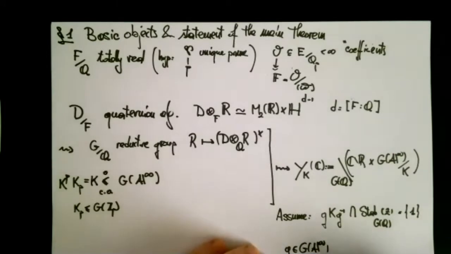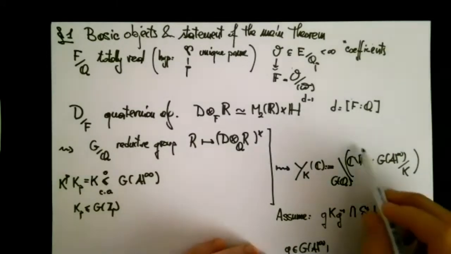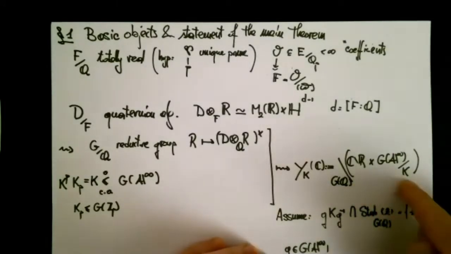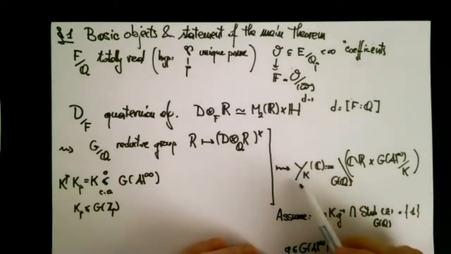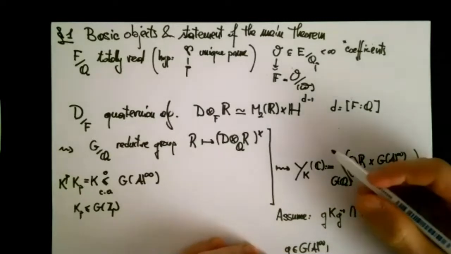So this means that the GQ action over this has no fixed point. And so this means that this Y_K is a compact Riemann surface.